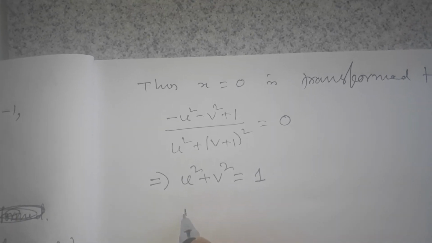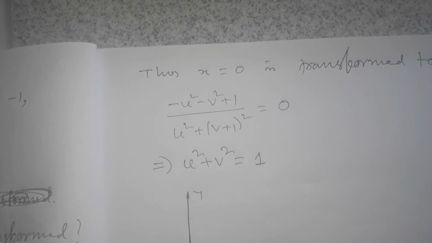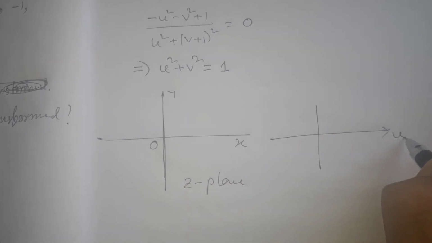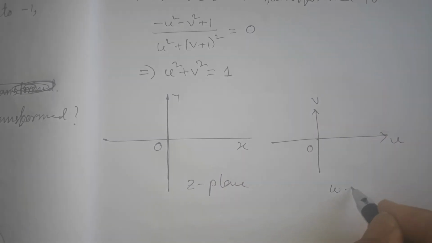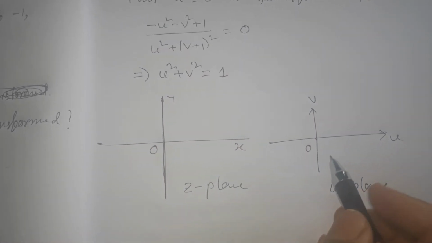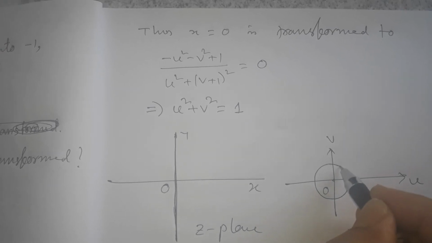And what is this? This is the unit circle. So you see that this is the real part, imaginary part of the z plane, and this is the real part, imaginary part of the w plane. So x equal to 0, the imaginary axis, is transformed to the unit circle.